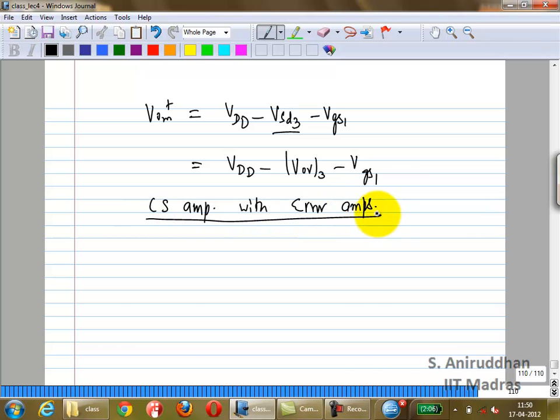We'll just look at a quick example of a common source amplifier with error amplifiers. So in this case you have a PMOS. What you are going to do is something like this.